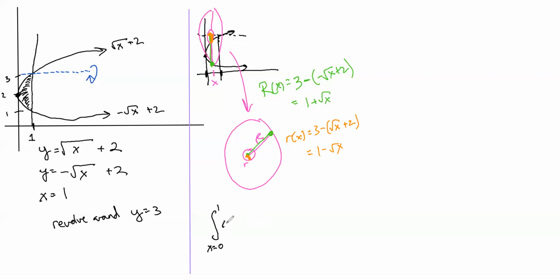We have our pi times that original function squared minus pi times the second function squared. And we're integrating with respect to x. And at that point, we would be done.